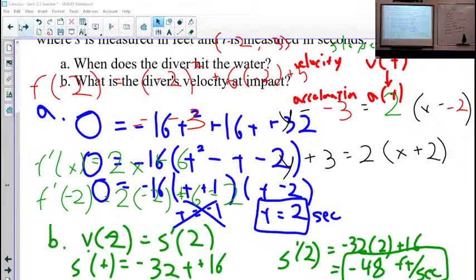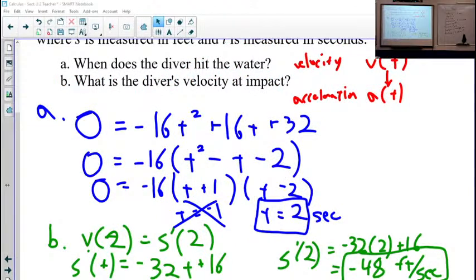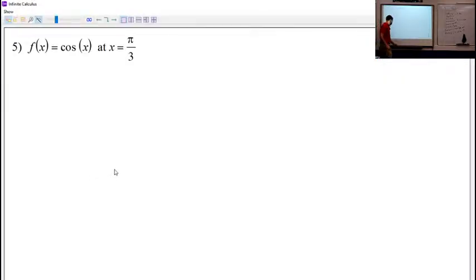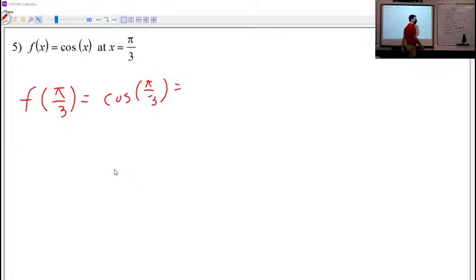One more. This is number 5. f of pi over 3 is cosine of pi over 3, which, as you all know, let me think.